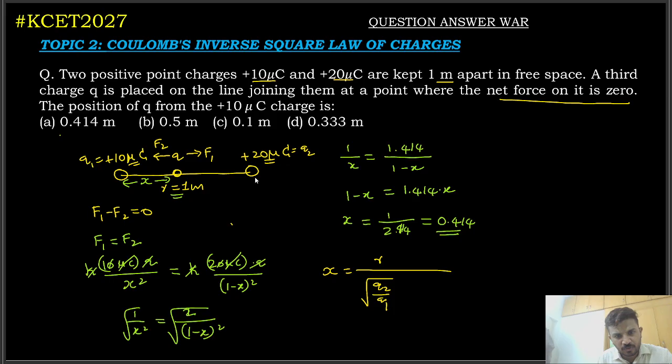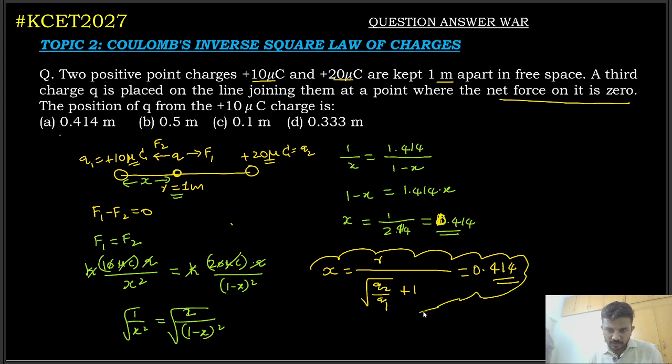If you are taking from q2, q1 by q2 will come. So this is equal to 0.414. We'll get 0.414 as your answer. Okay, this is about this question. This is the shortcut method that you can remember. For charges where one is positive and one is negative, then you have to take a minus sign here.